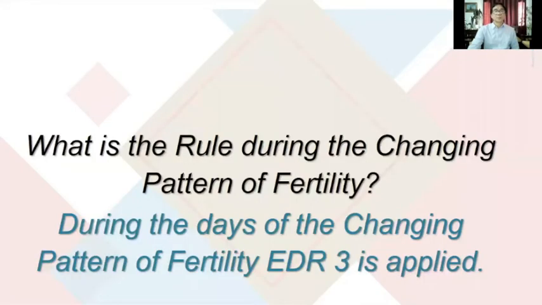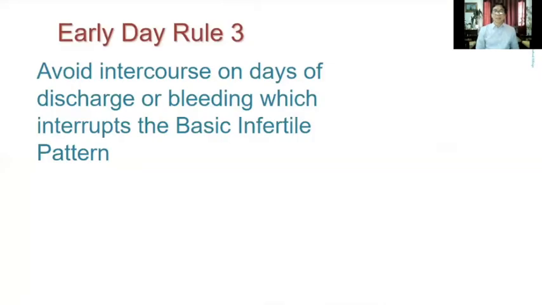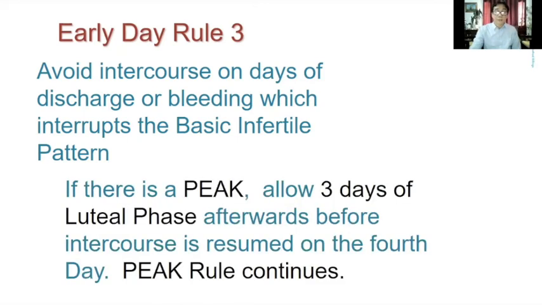Let us continue. Now, for those couples who are postponing pregnancy, what is the role during the changing pattern of fertility? During the days of the changing pattern of fertility, EDR3 is applied. What is EDR3? EDR3 is this: avoid intercourse on the days of discharge, the changing pattern of fertility, or bleeding, which interrupts the basic infertile pattern.